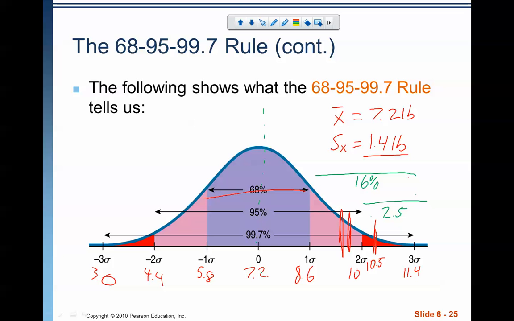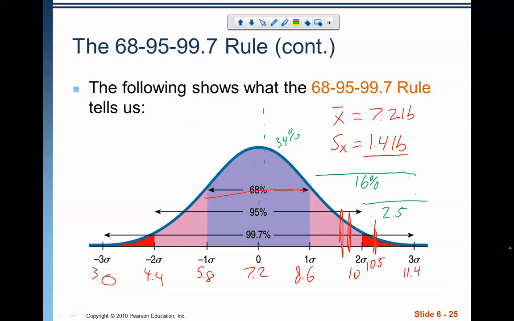We could even go so far as to break down each individual section. If this bit is 68%, then this bit right here between 0 and 1 standard deviation is going to be half of that. So that's 34%. And 34 plus 16 makes 50, so that makes sense because that's that whole side.